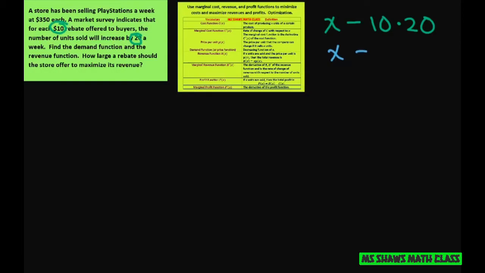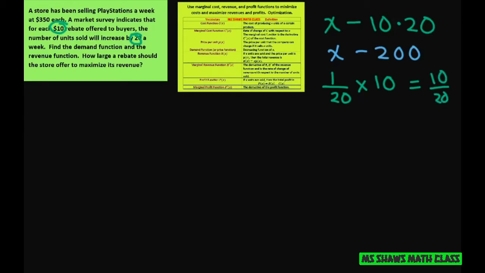So that's going to be X minus 200. For each increase of 20 units sold, the price is decreased by $10. So that's why we get that. Also, for each additional unit sold, the decrease in price will be 1 divided by 20 times 10, just equal to 10 divided by 20.